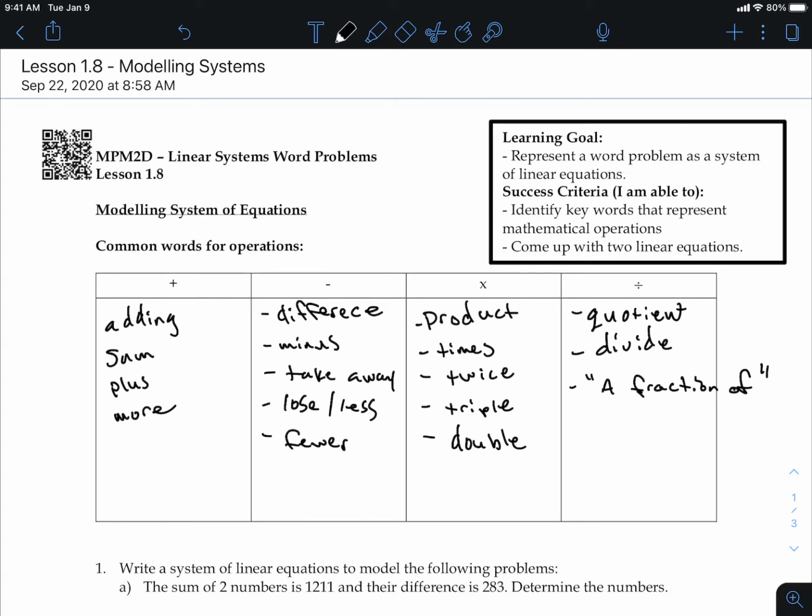Anything else? Yeah? Each? Each. Sure. Okay. So in the context of they each have, I don't know, like two.